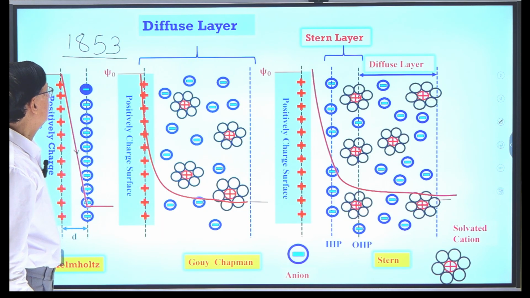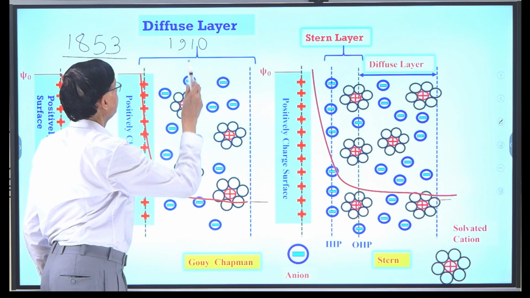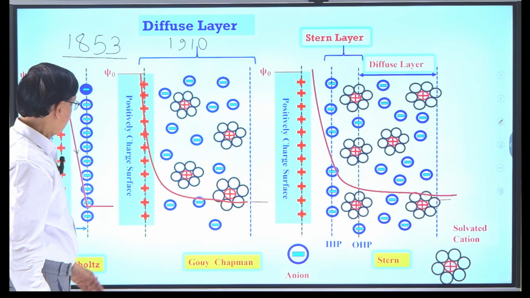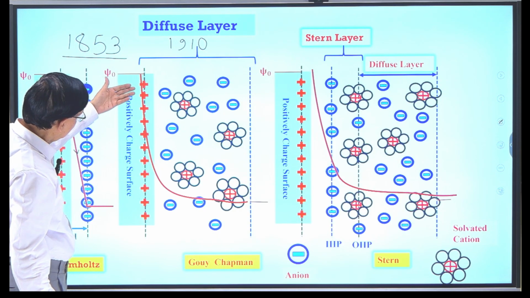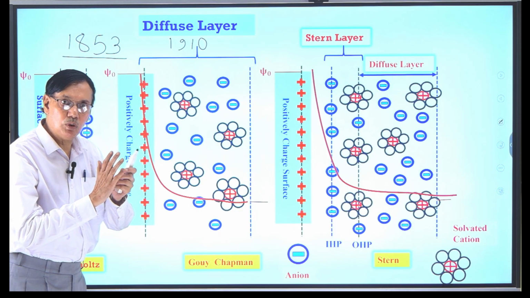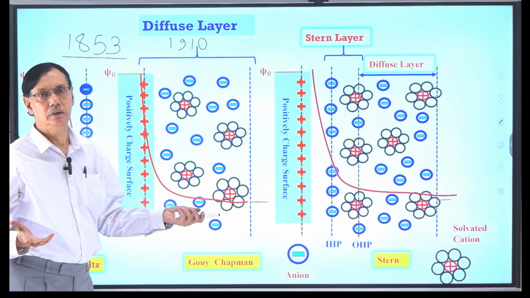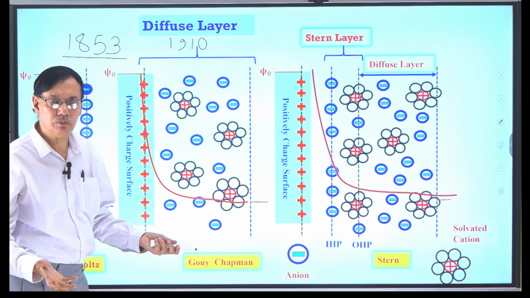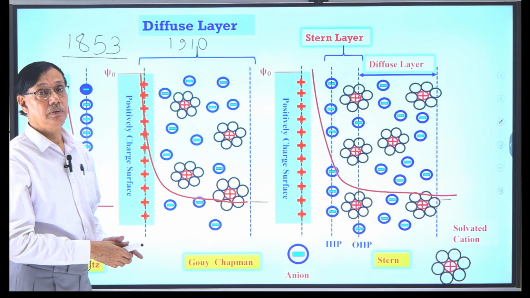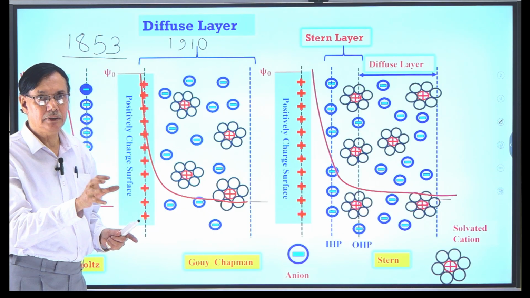second theory, which is 1910. This is the Gouy and Chapman layer. Again, I am talking about the positively charged electrode. You can write here negatively charged also. Now, there is a thermal motion and random, unequal distribution of the ions. Hydration is also there. Hydration means when that particular ion is surrounded by the solvent.